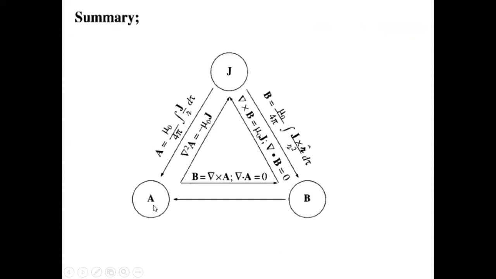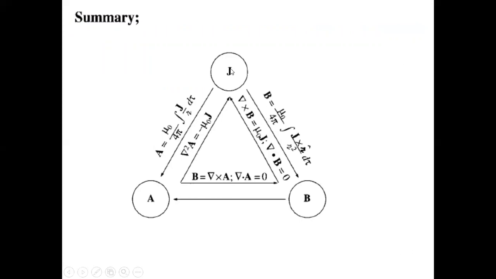Now we already figured how to get one from the other. In case we start with J, then J can be converted to A, the vector potential, with this equation. And also the relation between these two can be here, which is a sort of Poisson's equation or a converted Ampere's law, this one.